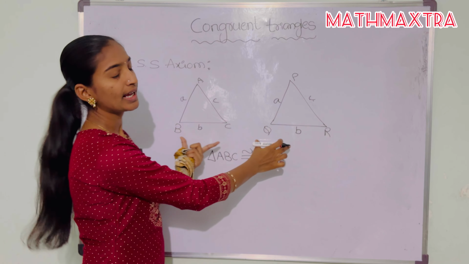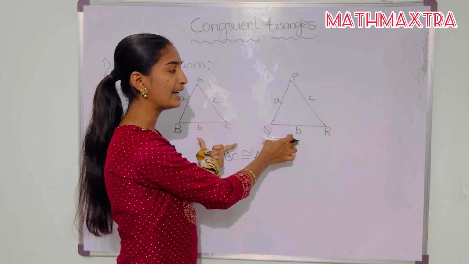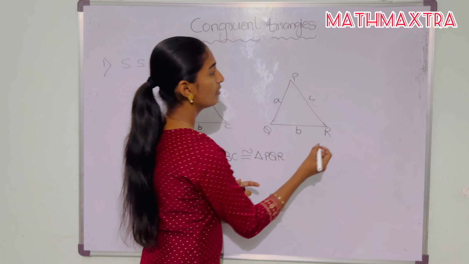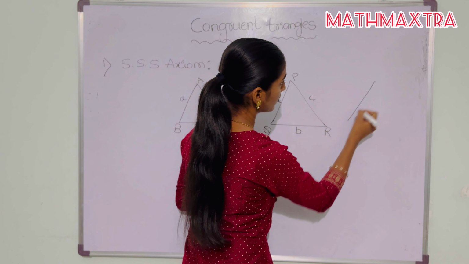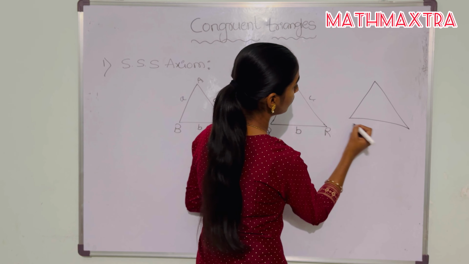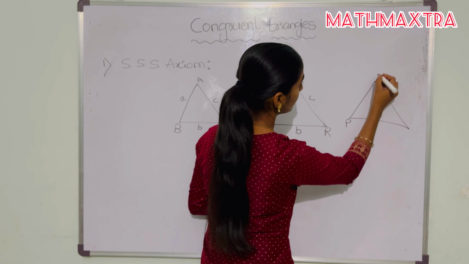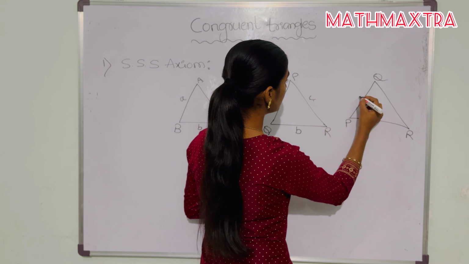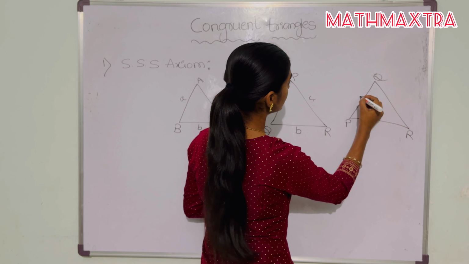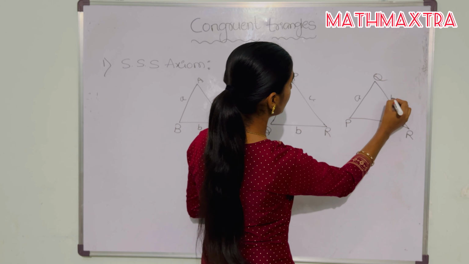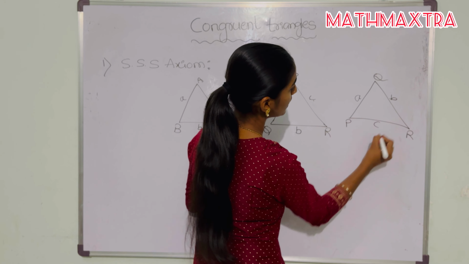If I give the triangle like this, you can easily identify. If the triangles are given in a different way like this, see, in this, if you give some P, Q, R. Now, PQ is of A length, QR is of B length, and PR is of C length.